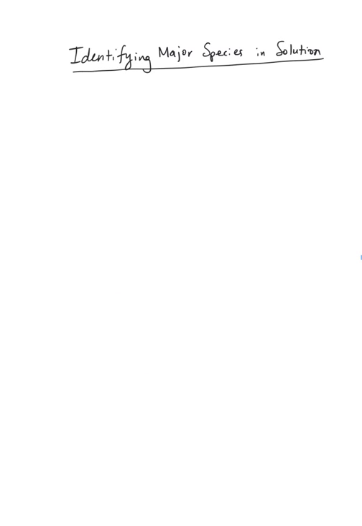So let's take a few moments to talk about identification of major species in solution so that we are confident in knowing what's present in a particular system. Firstly, in any monoprotic system with weak acids of the form HA, we could have HA, A-, or a combination of both.